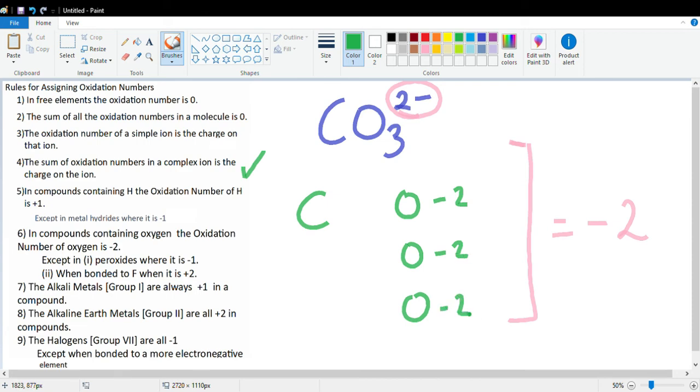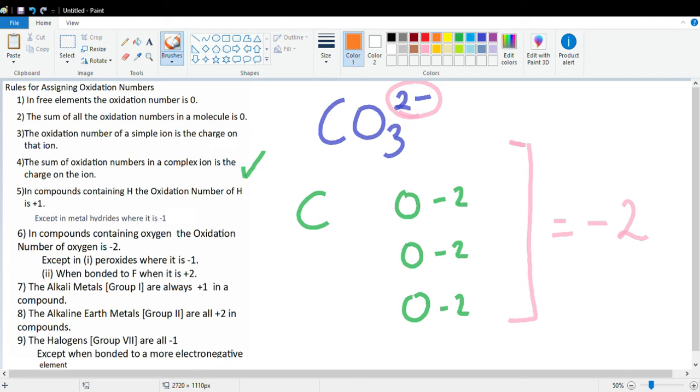And then if we look at the rest of our rules, there's no rule for carbon, so we're going to have to work out the oxidation number on carbon with the rules that we already have. And the rules are that we know each oxygen here is -2, and we know that we need all of the oxidation numbers to add up to give -2.